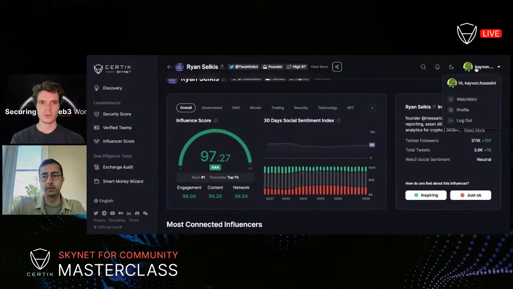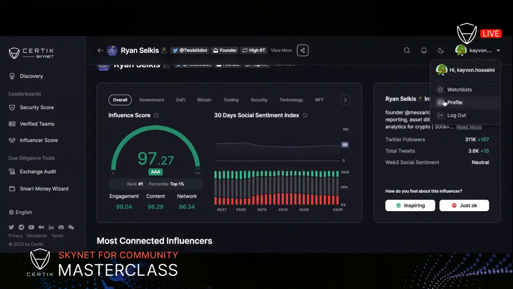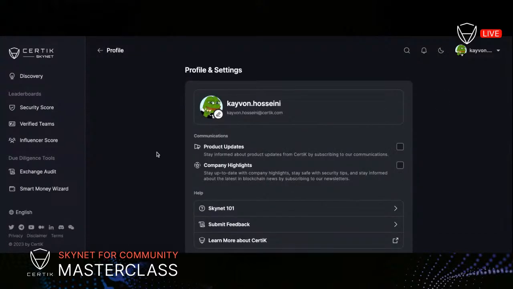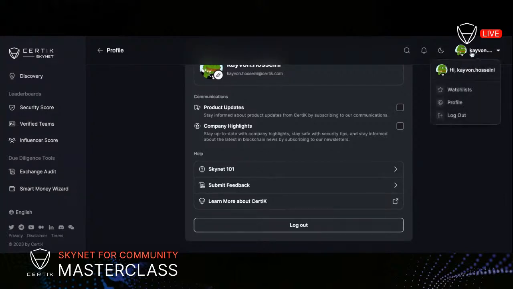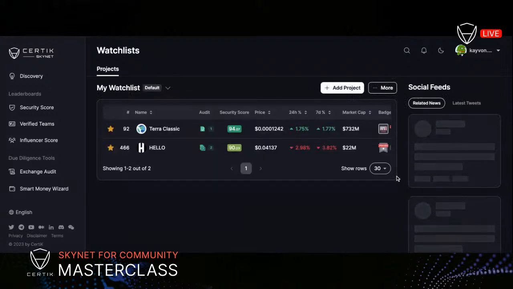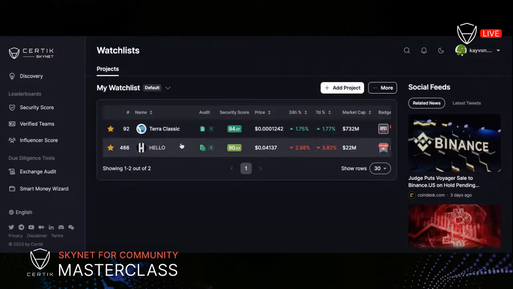So going over real quick to the profile itself. As a login user, obviously you set up your login. You can subscribe to some community updates and product updates. You can establish a watch list, right? So you can select a couple of projects that you want to follow most closely, and then those projects will be on your watch list. And you can come here and see what the security posture is.